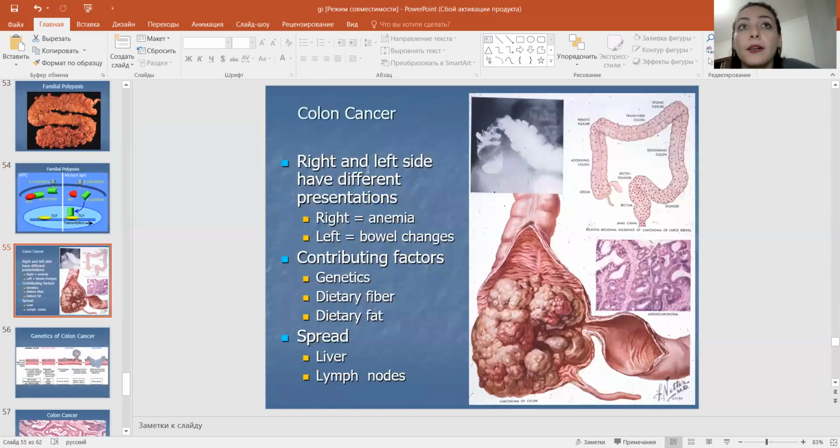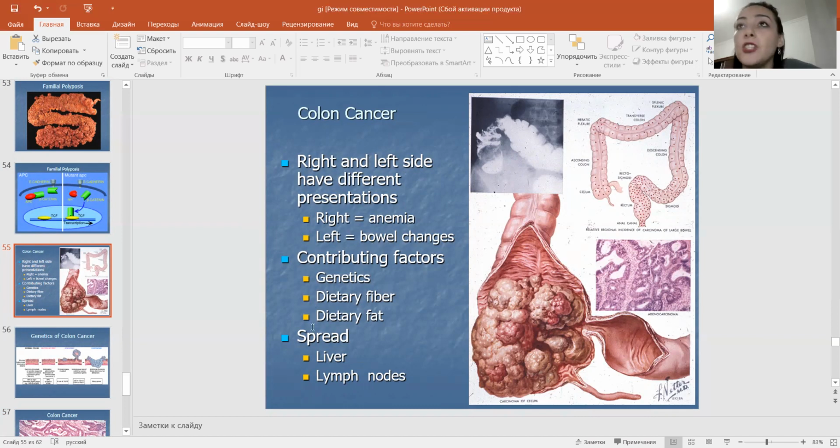Colon cancer: right and left side have different presentations. Right side: anemia. If the colon cancer is localized on the right side of the bowel, it can cause anemia. If on the left part of the bowel, it can cause bowel changes.